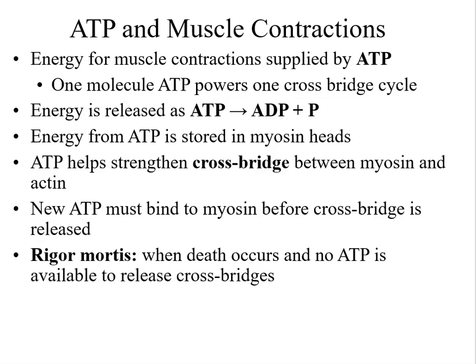ATP stands for adenosine triphosphate. So basically it looks like an adenine molecule with tri, for three, phosphates attached to it. Cells access the energy contained within this molecule by cleaving this last inorganic phosphate off, generating energy.